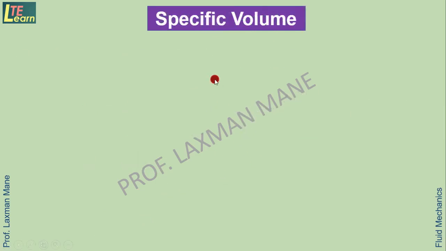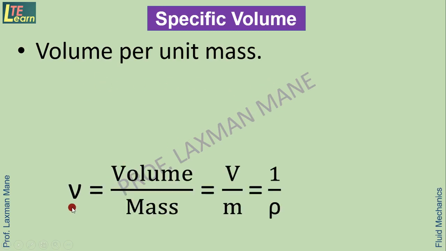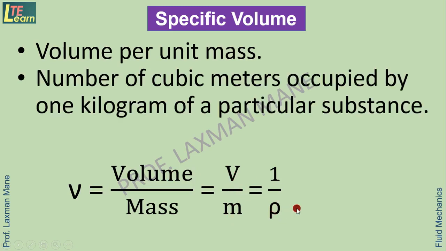Specific volume is the term which is the ratio of volume per unit mass. It is indicated by the letter small v. Mathematically it is written as capital V by m. Now as m by V is rho, so V by m will be 1 upon rho.